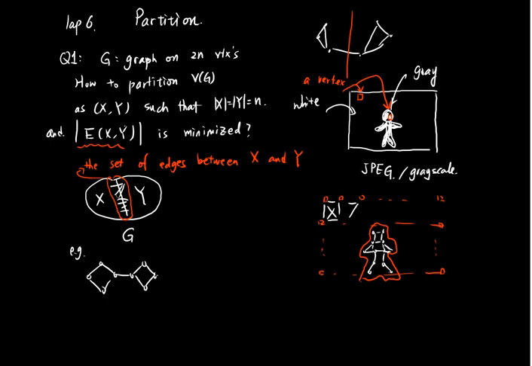I guess this one is quite obvious that you have 8 vertices, so you want to pick 4 vertices in X and 4 vertices in Y, so that there are as few edges in between as possible. So you can cut that into this part. So this is X and Y. They are balanced, and also the number of edges in between X and Y is equal to 1. This is the minimum possible. It cannot be fewer.